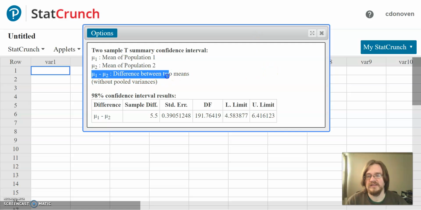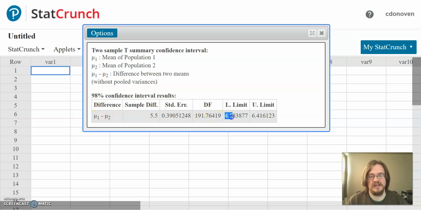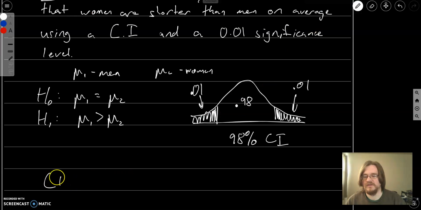So we're looking at the difference between the two means, and the difference is in a confidence interval. The lower limit of the confidence interval is going to be 4.58, and the upper limit is going to be 6.42 if we round.